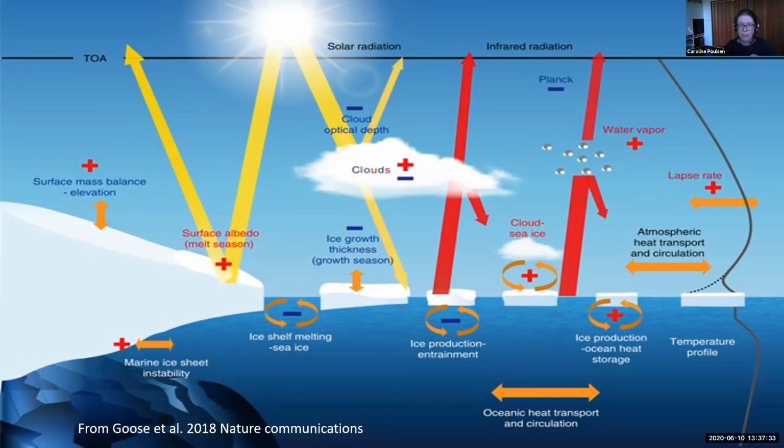You may be less familiar with some of the cloud feedbacks, and we have both signs for the cloud feedbacks because they can occur simultaneously. And whether it's a cooling effect or a warming effect really depends on the amount of cloud, the height, the thickness, the type of particles, is it ice, is it liquid, or the time of year.